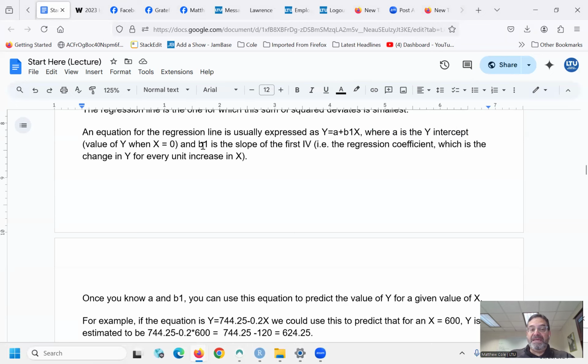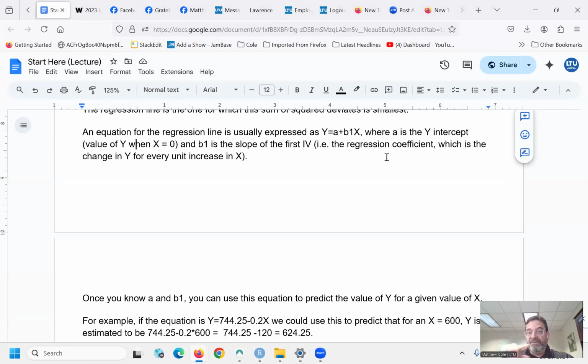And then B, whether it's B1 or B2 or B3, that's the slope of the particular independent variable. And that slope, that B, is what we refer to as the regression coefficient, or the beta coefficient. So what is that in plain English? It's the change in Y for every unit increase in X.